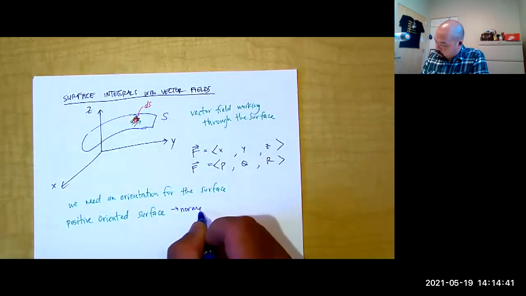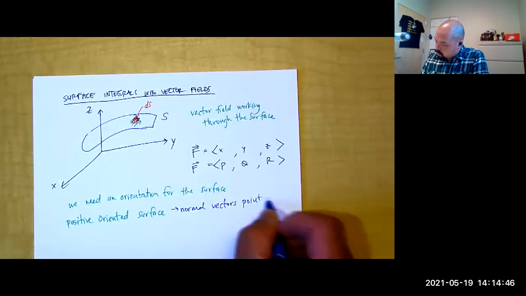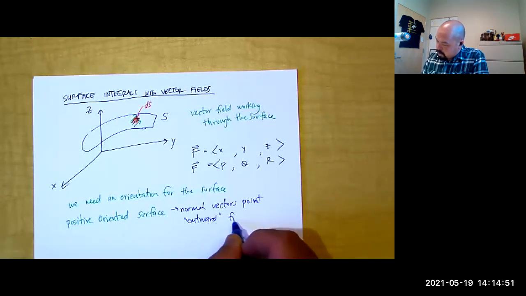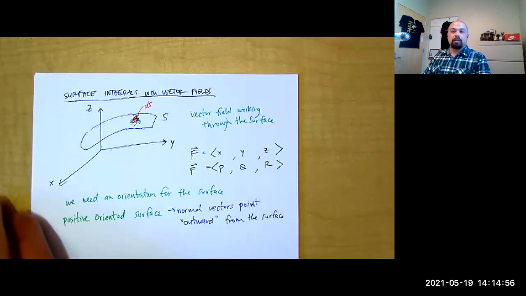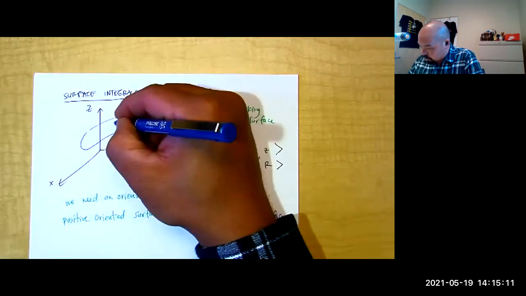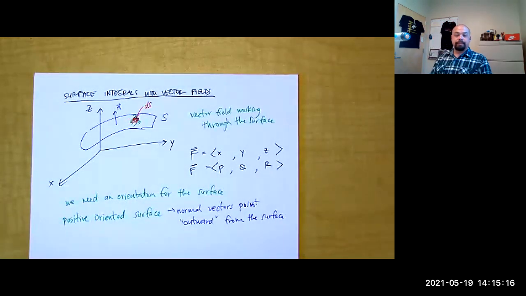Our normal vectors point outward from the surface. Right, especially with those kind of enclosed cylinders, we have this idea we don't want to go inside that surface. If we think about concavity with our surfaces here, concave down, concave up, right? That kind of idea. And so in this case, for the surface, we're going to want to identify this kind of normal vector, and we can do a unit normal as well.